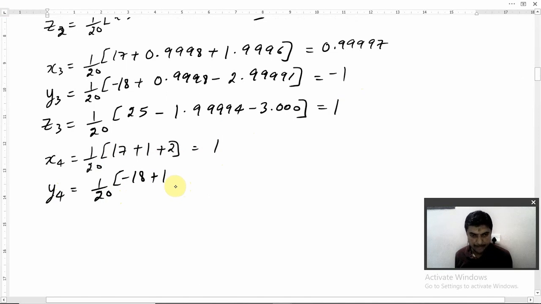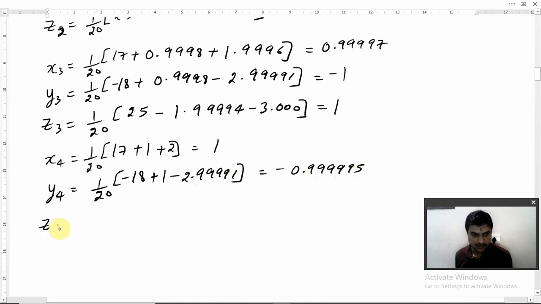y4 is equal to 1 upon 20 minus 18 plus, here z is 1, so substitute here 1, minus 3 into x, so this is 3 into x is 3 into 0.99997 will give you 2.99991. If you substitute, students, you are going to get this as minus 0.99995.